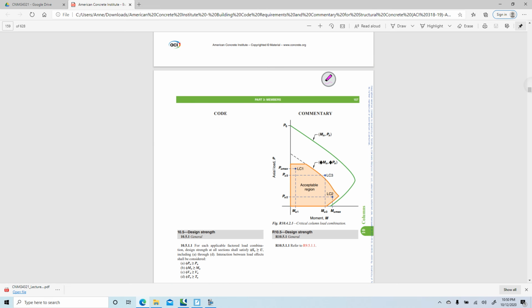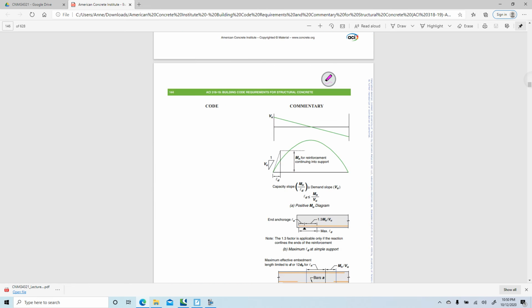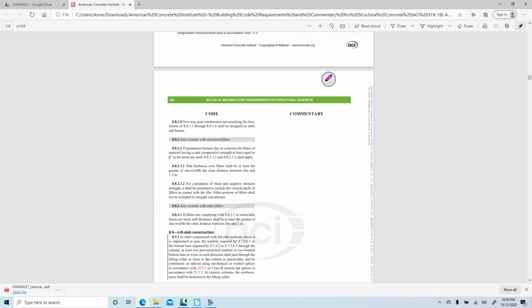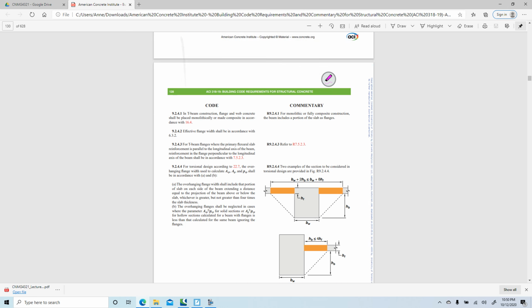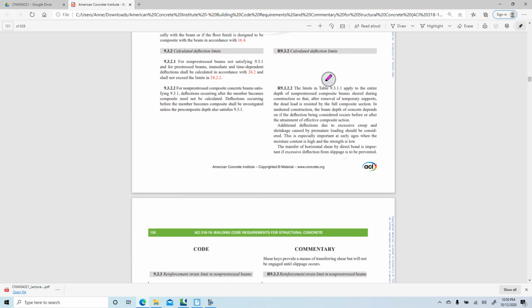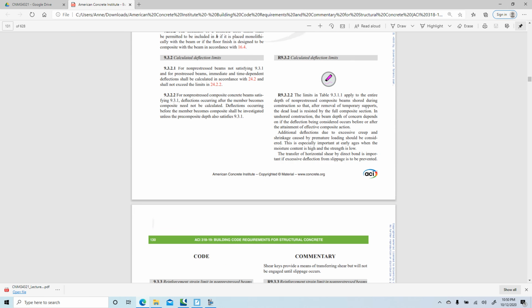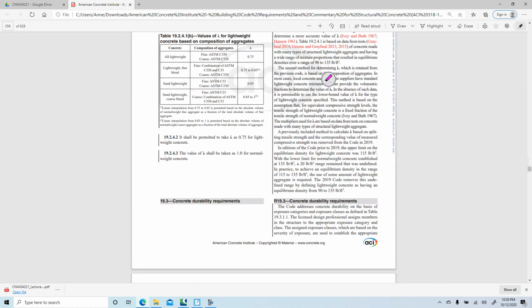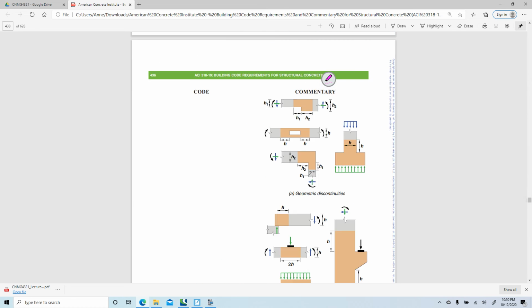Right, and this is for your calculated deflection limits. Just saying, go look at 24.2 if you want to do some more calculations. Let me see, can we click on that now? I don't even know where 24.2 is.